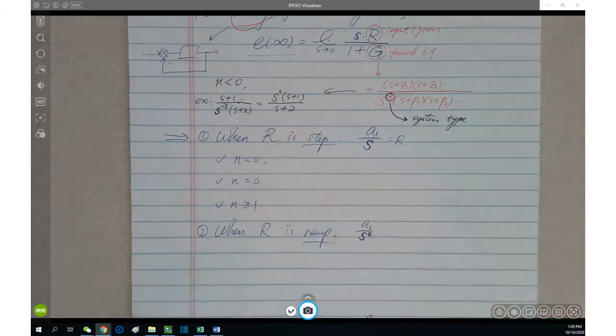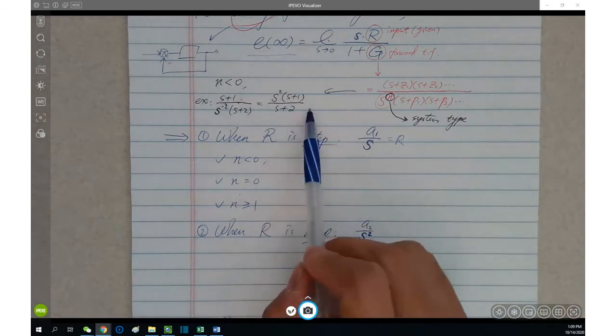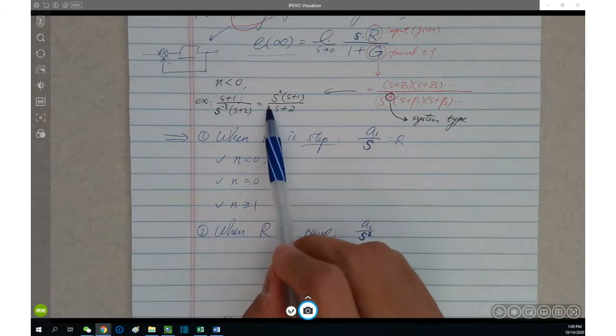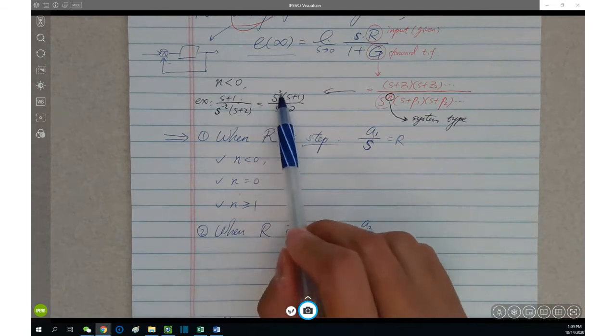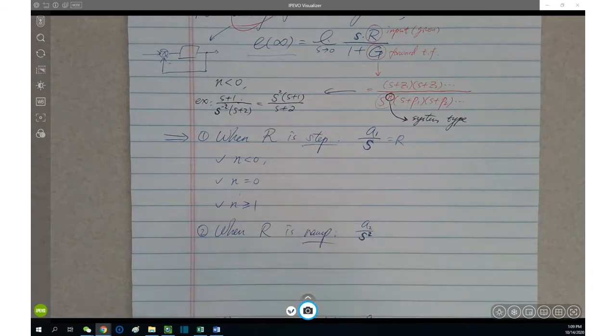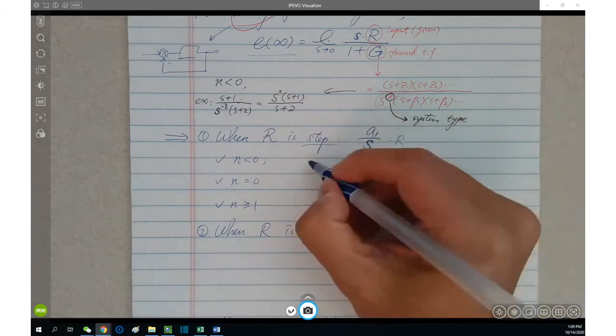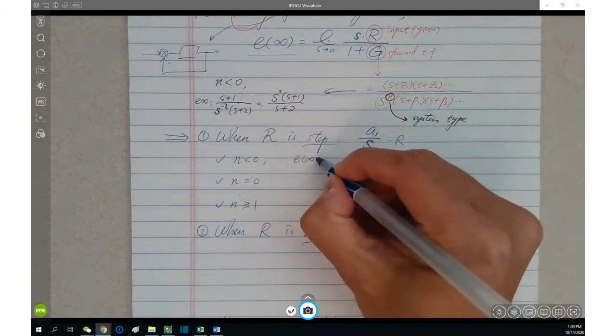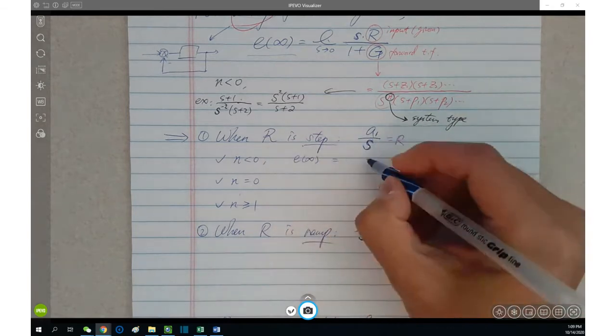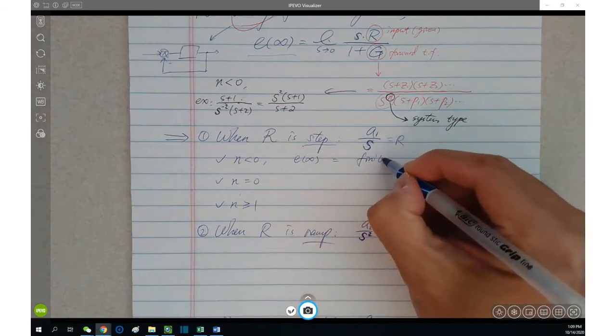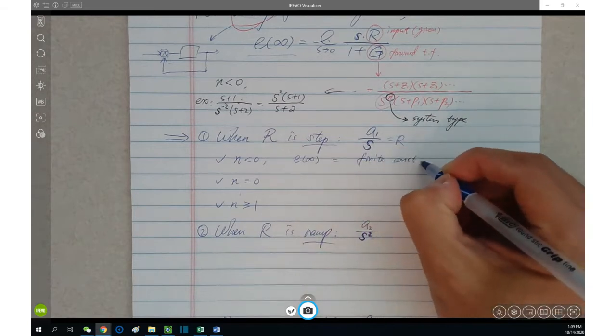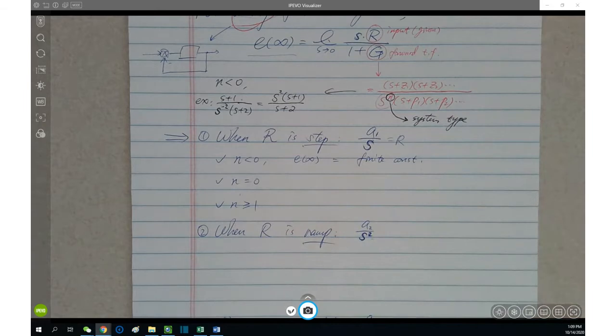When n is negative, which means there's no s term in the denominator, instead there is an s term in the numerator, then what can happen? The steady state error is a finite constant. What's the specific value? Of course, it's up to your calculation.